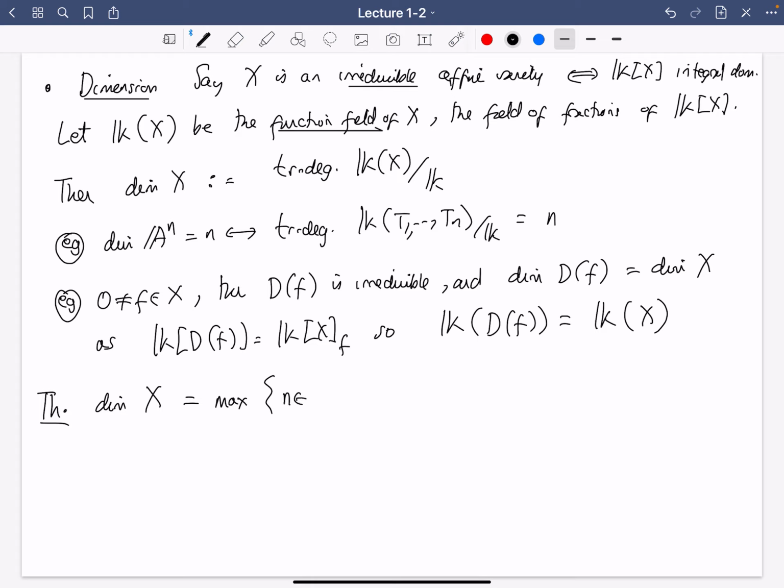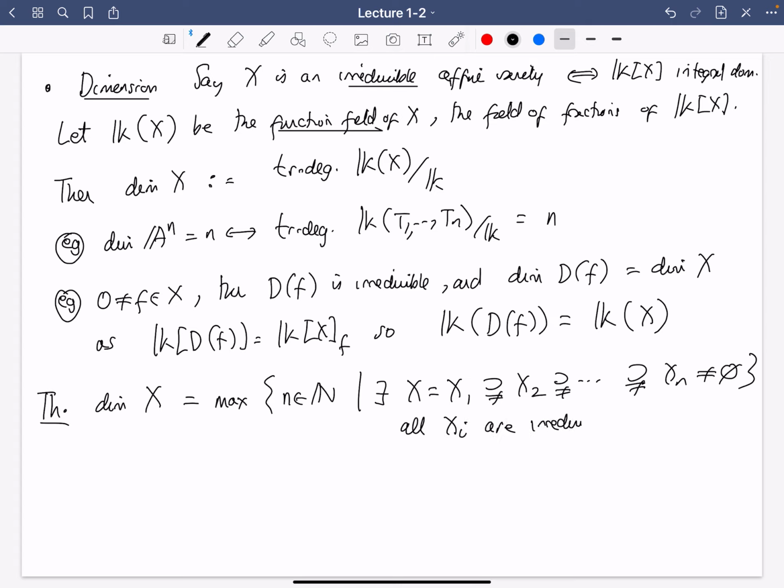So it's the maximum of all the natural numbers n such that you can find a chain X equals X1, strictly containing X2, strictly containing ... strictly containing Xn, which is not empty, where all the Xi's are irreducible closed subsets. So it's this sort of maximal length of a chain of irreducible closed subsets.